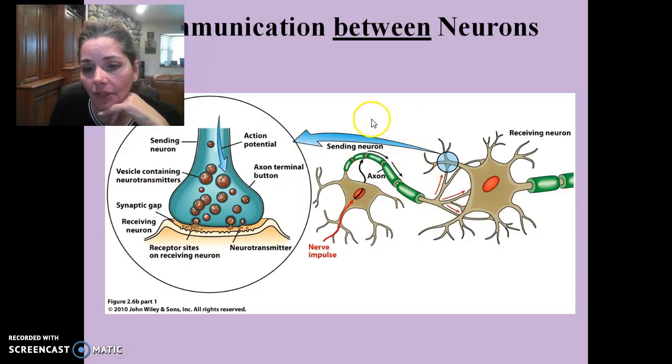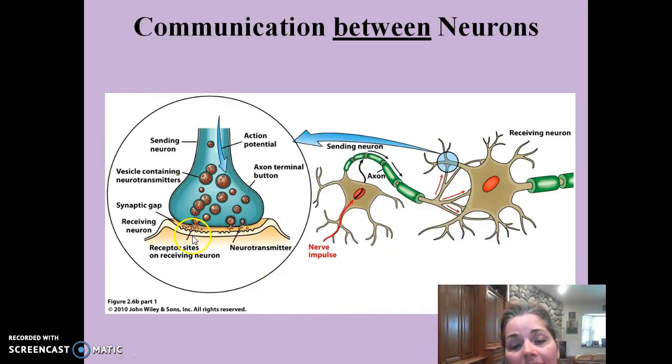Another issue that becomes relevant is what happens once that positive charge reaches the end of the axon. Then along these terminal buttons, there is a release of the vesicles, and inside the vesicles are the tiny little neurotransmitters that are released into the synaptic gap.